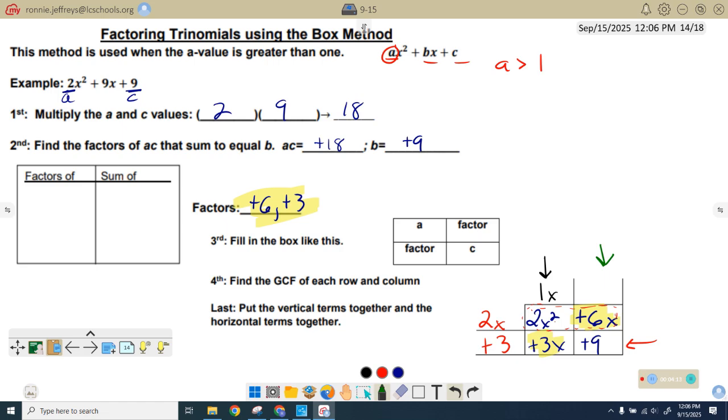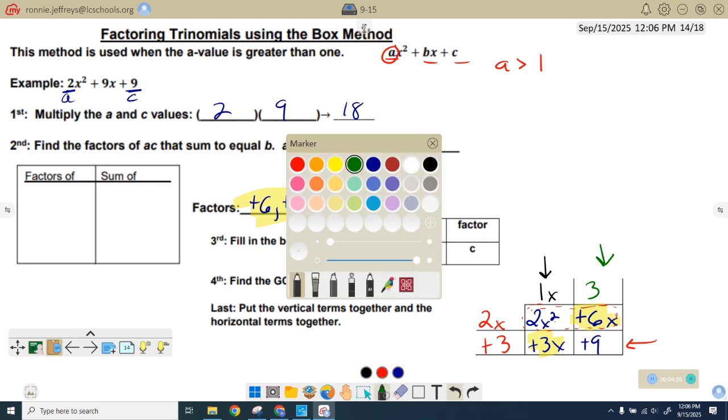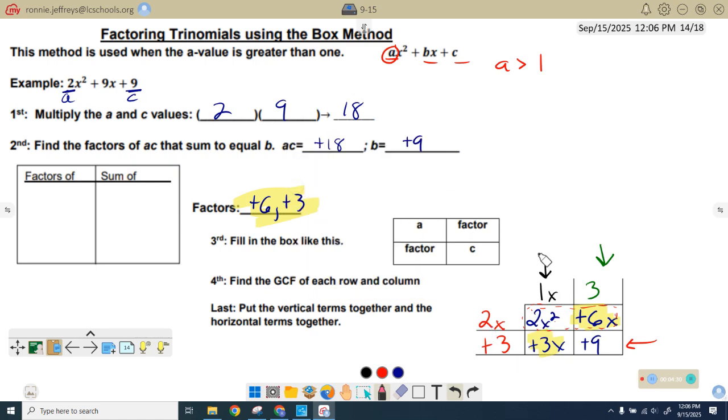What is the biggest number that will divide 6 and 9? 3. Believe it or not, our answer is the stuff that's on the outside. It would be 2x plus 3 and x plus 3.